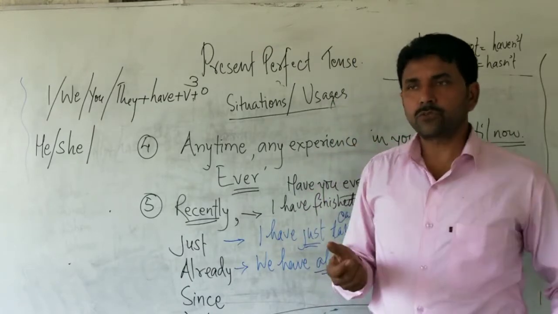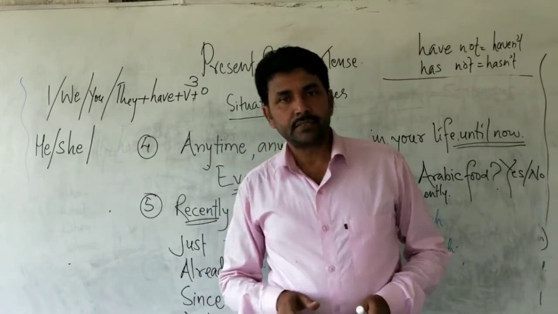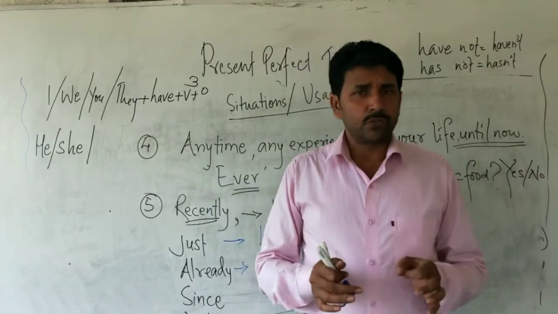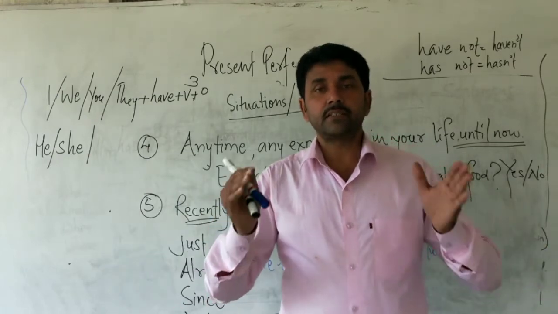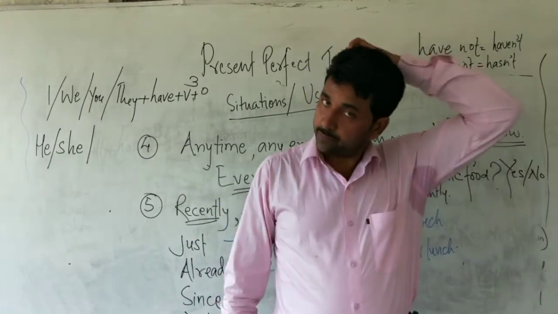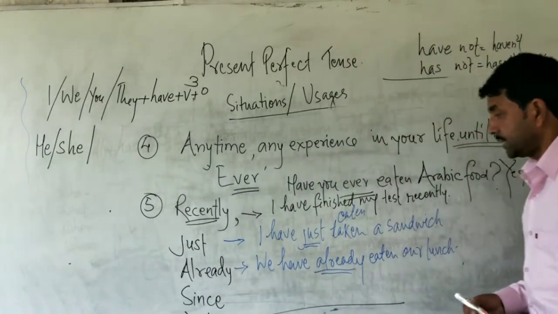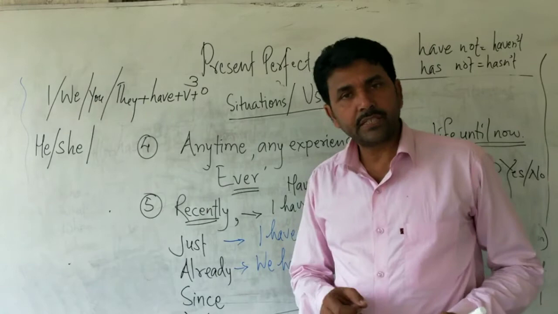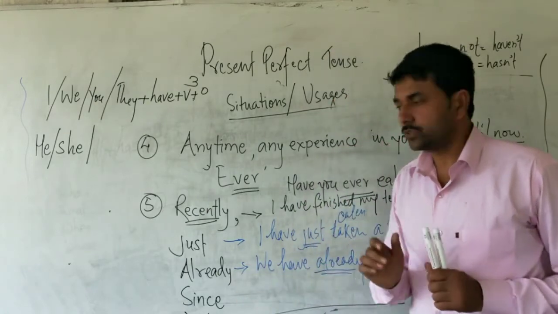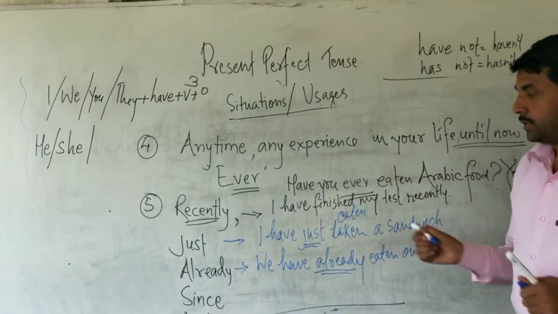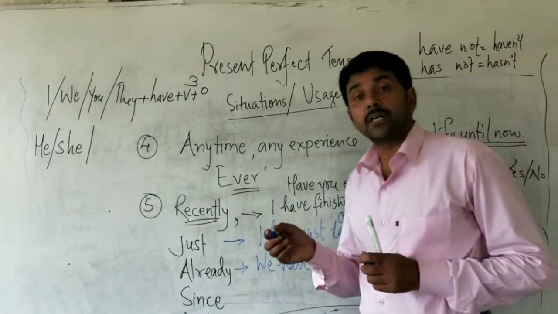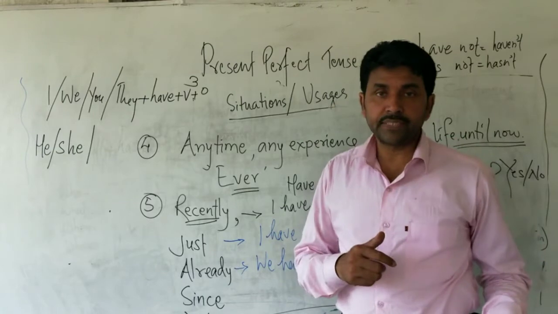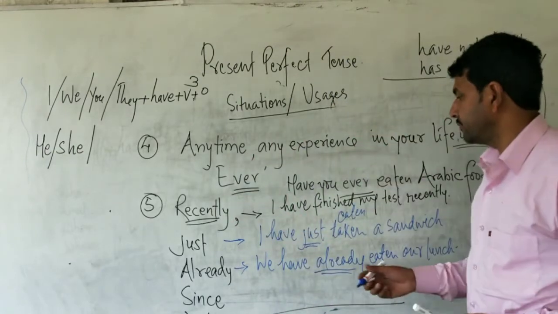For example, 10 o'clock in the morning, right? 10 o'clock or 10 a.m., 5 p.m., in the morning, at night, they are points of time. A period of time takes for. For 2 hours, for 5 minutes, take for.